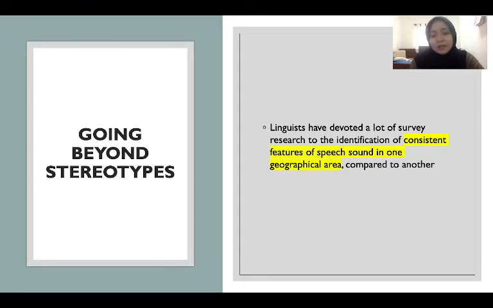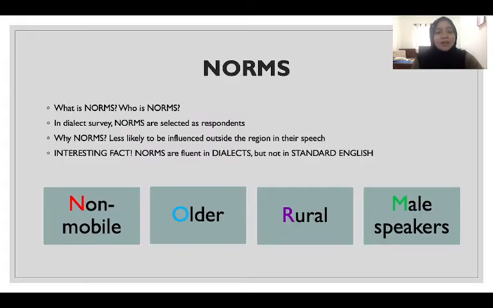Okay, so many researchers have devoted a lot of survey research to the identification of consistent features of speech sound in one geographical area compared to another. So when these linguists do a dialect survey, they need to have respondents.